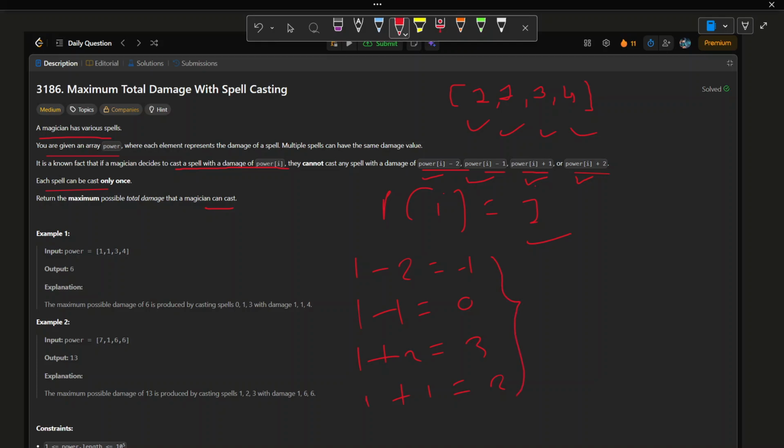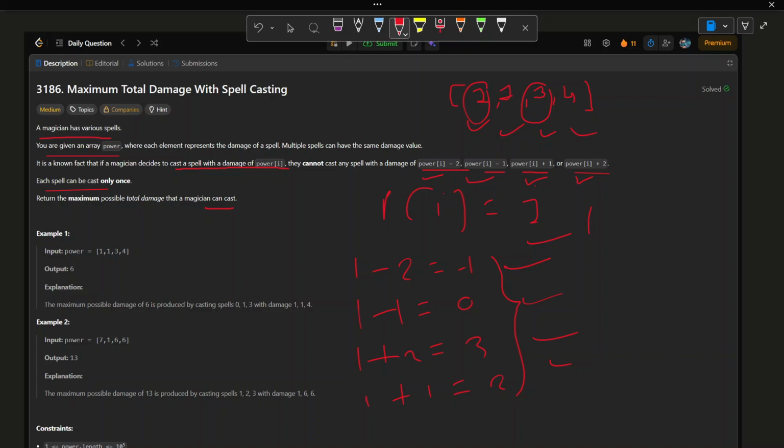Here 3 is available, which means we cannot consider 3 in our answer.